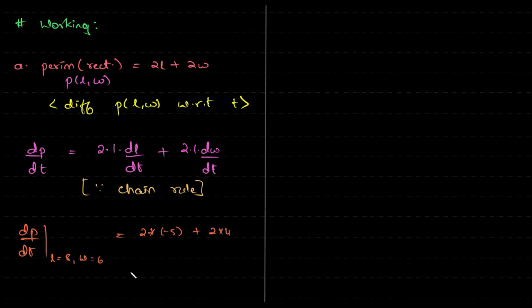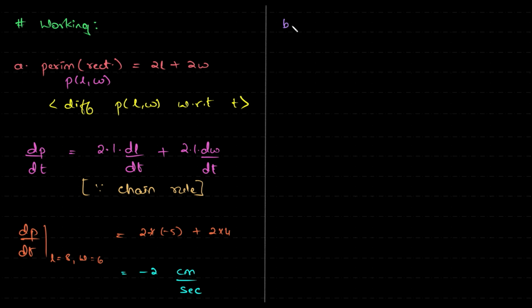So this would be minus 10 plus 8, which is minus 2. The unit would be centimeter per second. So what does it mean? That the perimeter is decreasing every second, at a rate of minus 2.